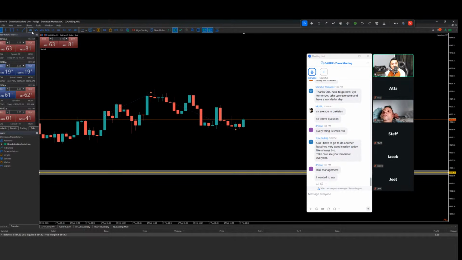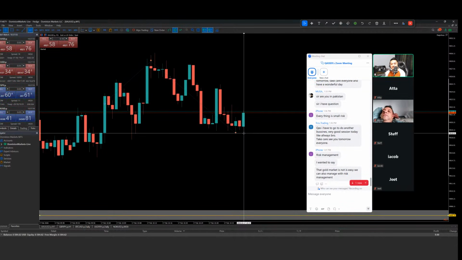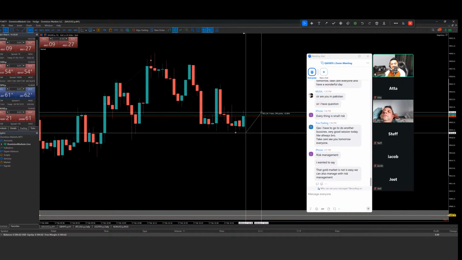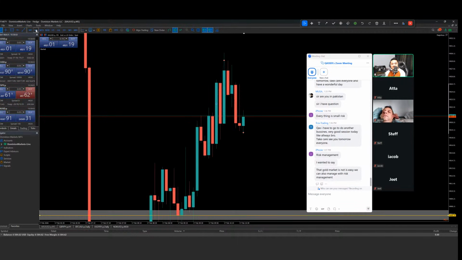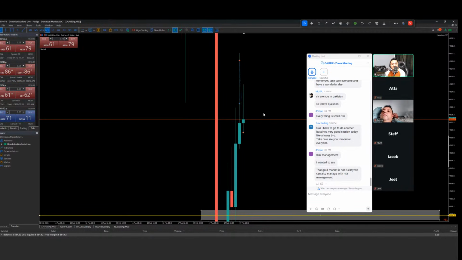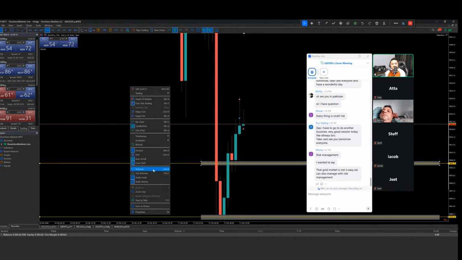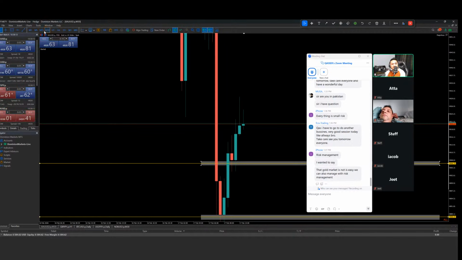Wow, look at this one. It just tapped my stop loss, man. I'm going to hate it if it continuously pushes upside now. But it dropped the volume, I think. Yeah, it dropped the volume. But it was a great idea.